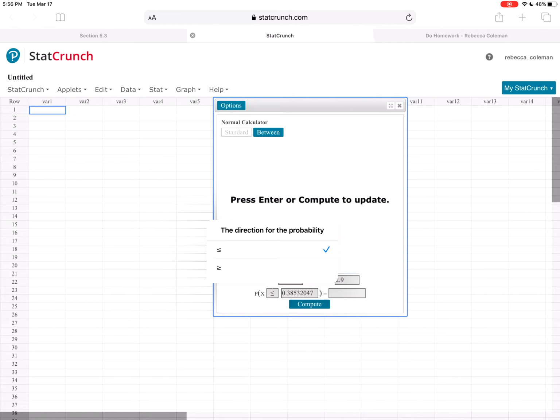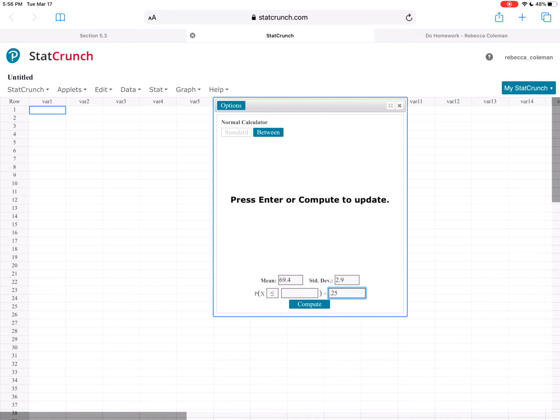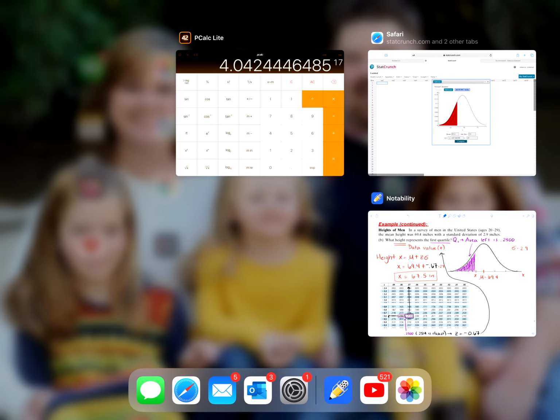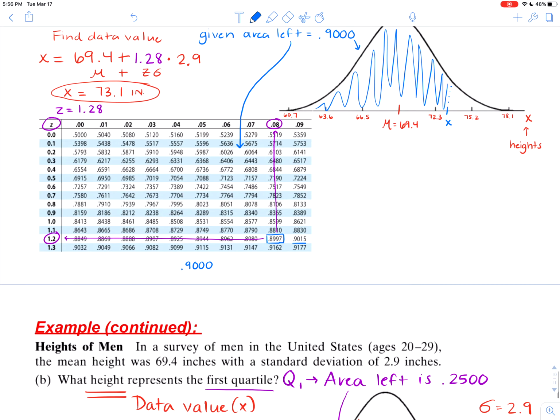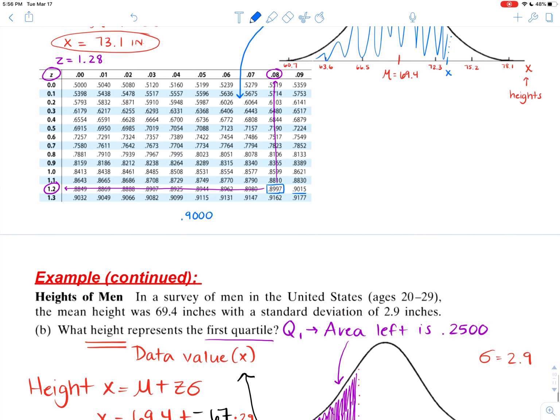So I'm going to leave this less than. And then I'm going to put in the area in this box to the right-hand side. For the first quartile, that would be an area of 0.25. And then notice in my data value box, there's my height of 67.4. We got 67.5. Again, there could be a little bit of rounding difference, but we're finding the data value that corresponds to that given area.